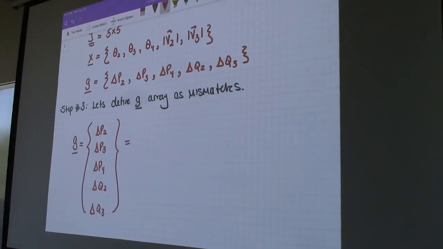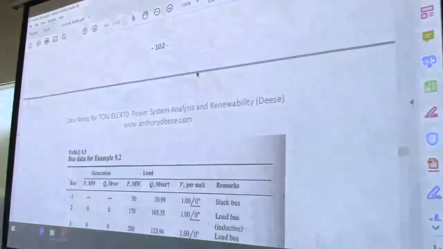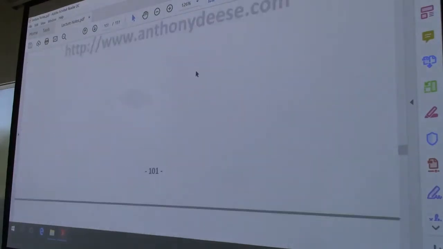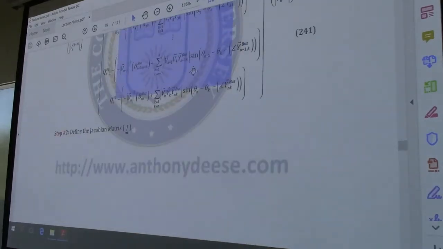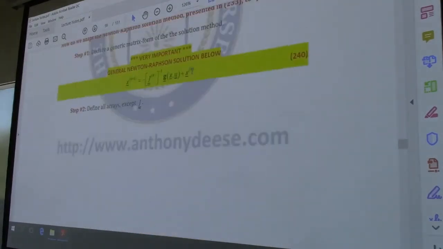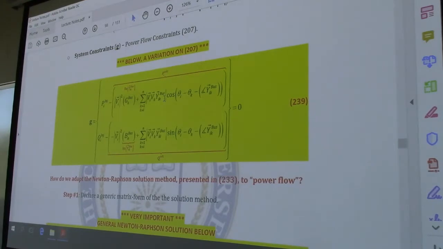But now what is it actually going to look like? So it's all going to be based off of this equation here. For the first one, we're doing P2.